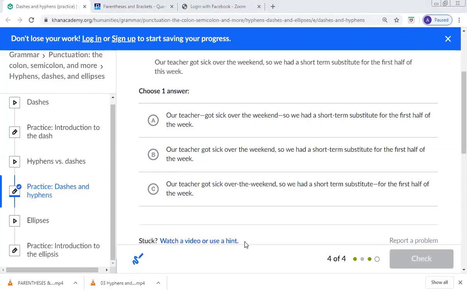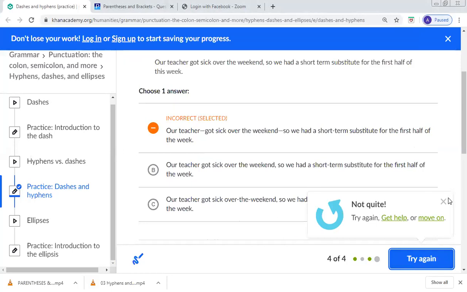Our teacher got sick over the weekend, so we had a short-term substitute for the first half of the week. Go ahead. I would go with A. Okay.